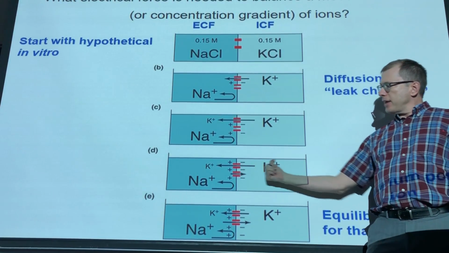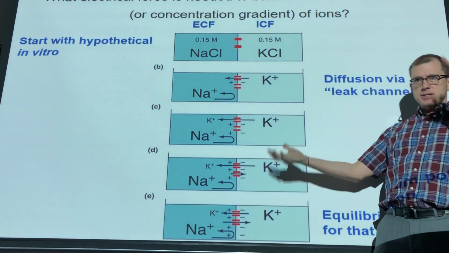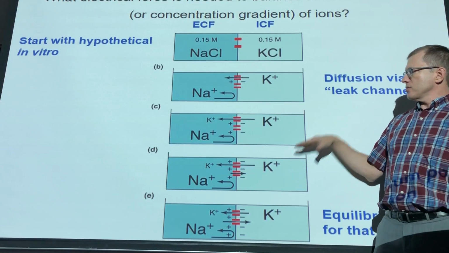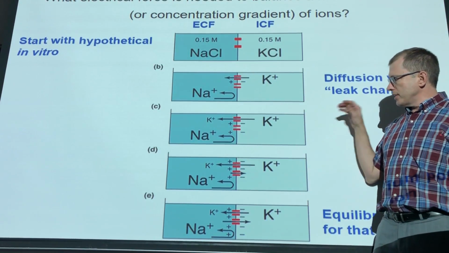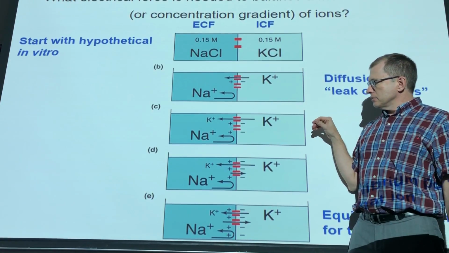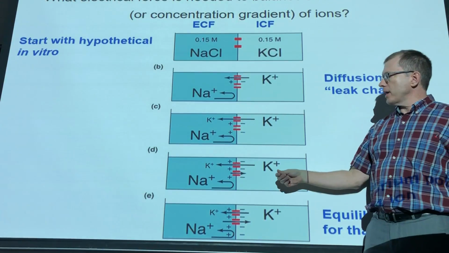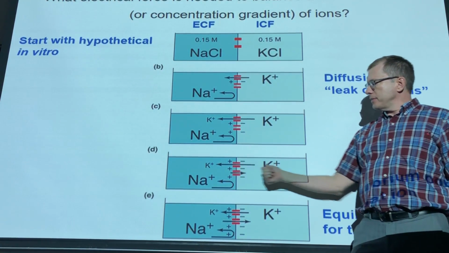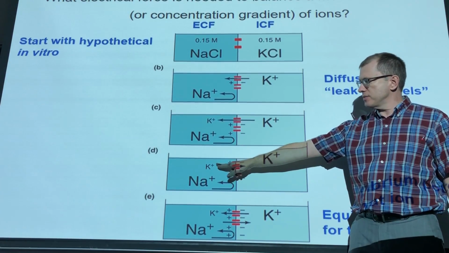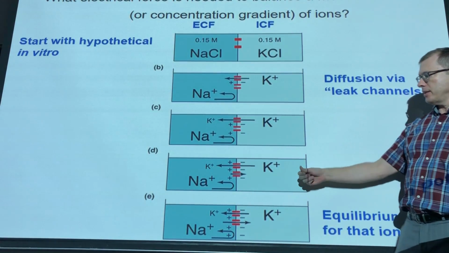So it kind of favors the potassium staying on this side, and there's a give and take. There's a concentration gradient initially, there's an electrical gradient, but the electrical gradient is also affected because you can only move so many positives into this compartment before they'll start repelling each other, right?